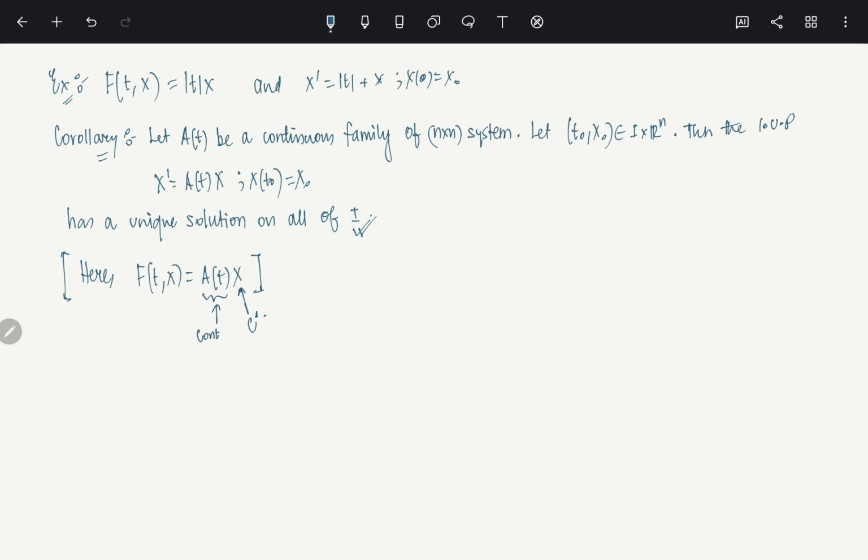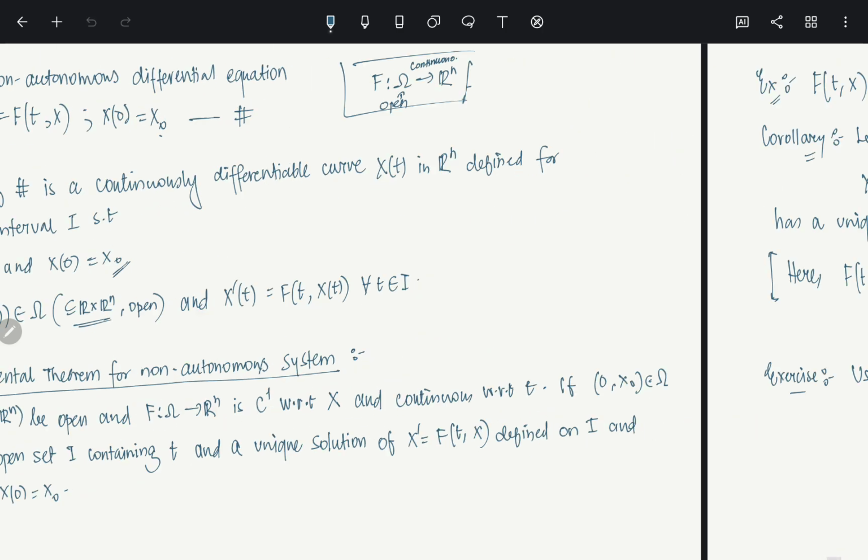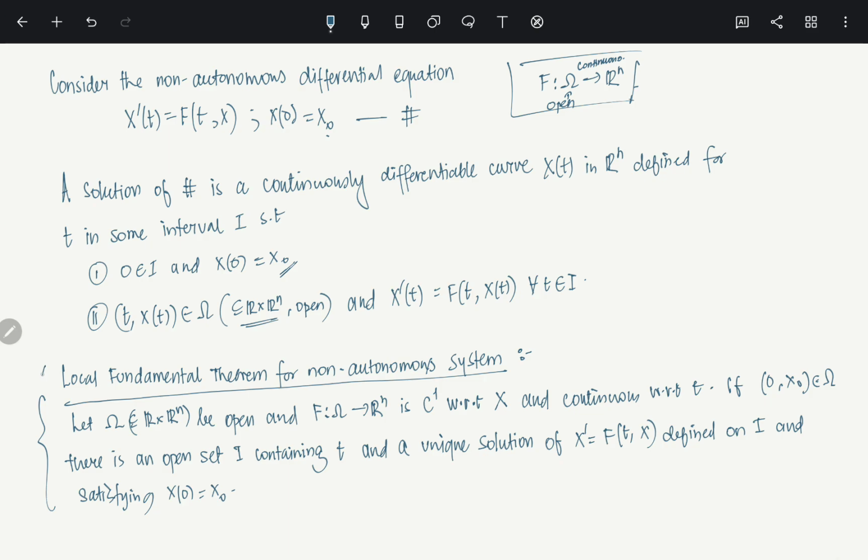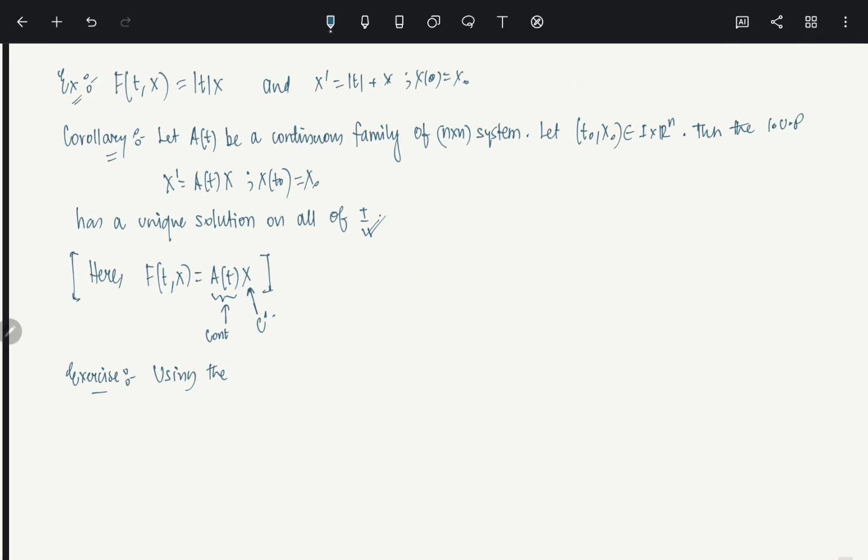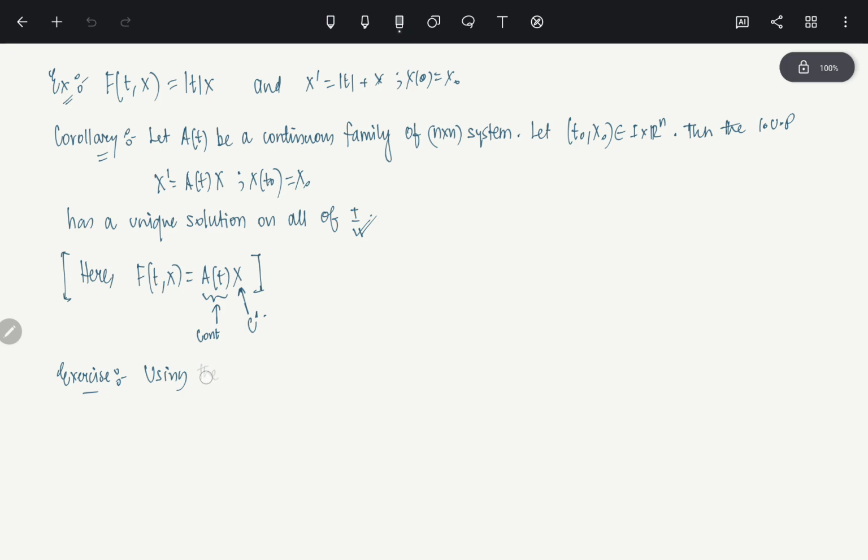This is an exercise: using Picard, using the star, one has a local solution. So basically in t naught minus epsilon, t naught plus epsilon, there is a solution. But how do you extend that solution to all of I?